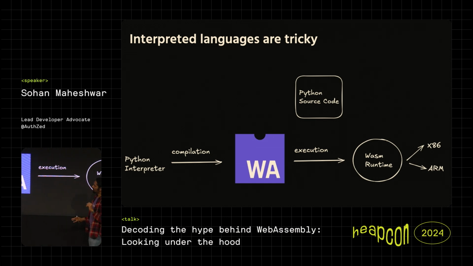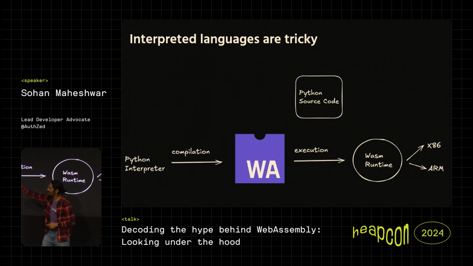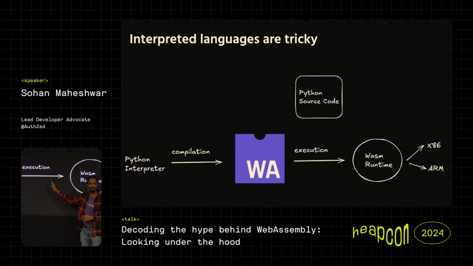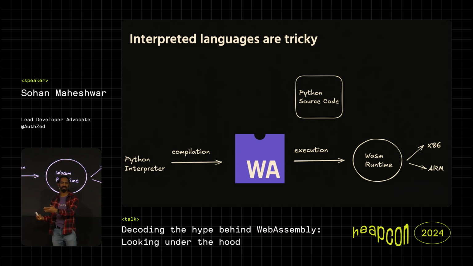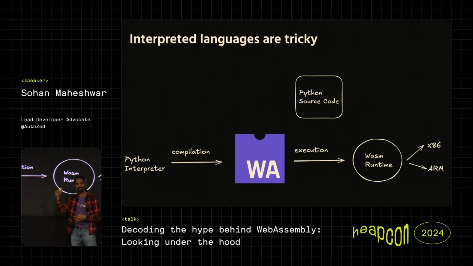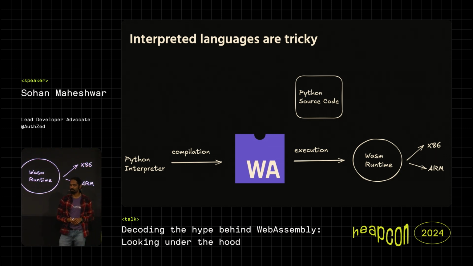So when you're writing something in Python and you want it in WebAssembly, your source code and the Python interpreter that's compiled to WebAssembly are snapshotted during execution and then run in your WebAssembly runtime. I think that's pretty smart and pretty cool. You take the interpreter written in WASM, you take your source code, you mix the two, it's a just-in-time snapshot, and then that's executed on a WASM runtime.